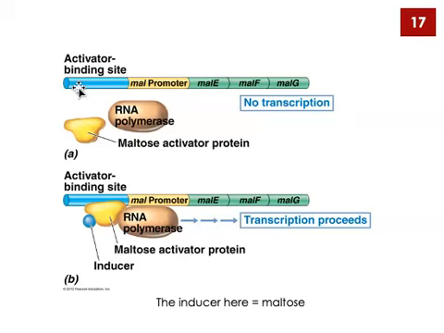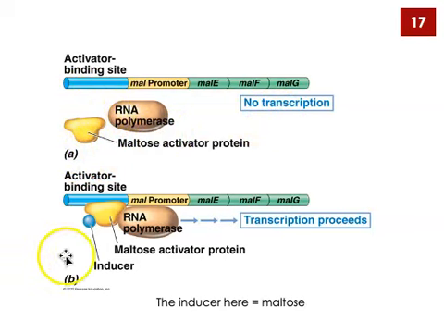But now let's imagine that there's lots of maltose around, and they've drawn the maltose as this little blue circle. All right. Normally, again, no maltose. Well, the gene just doesn't get transcribed. The RNA polymerase enzyme doesn't attach to the promoter, and the activator protein doesn't help, and we get no transcription.